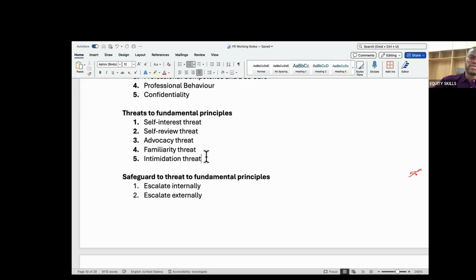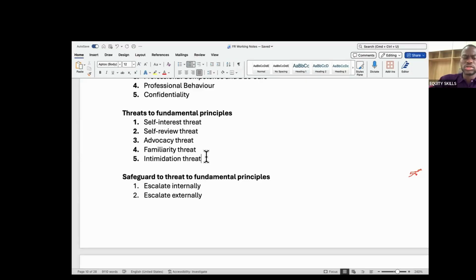Or you are on an audit team with a client that you are so familiar with. Communicate with your boss that they should remove you from that team, that you don't want to be part of that team. Or they are asking you to present a report that will be misleading to users.